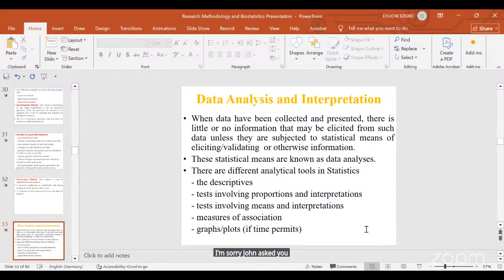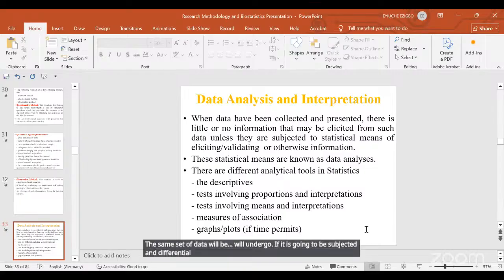The process that a particular data will undergo, if it is going to be subjected to descriptive statistics, may not be the same process the same set of data will undergo if it is going to be subjected to inferential statistics.